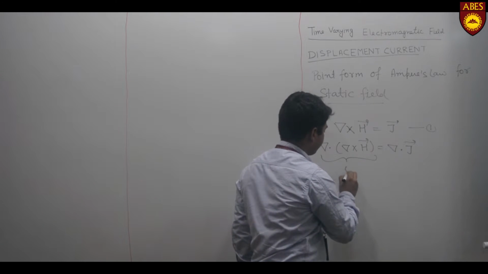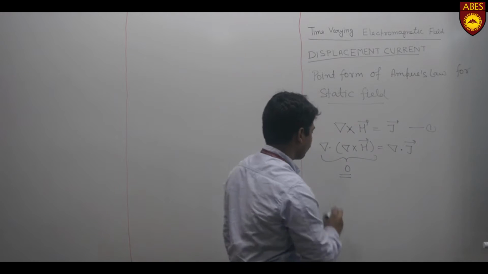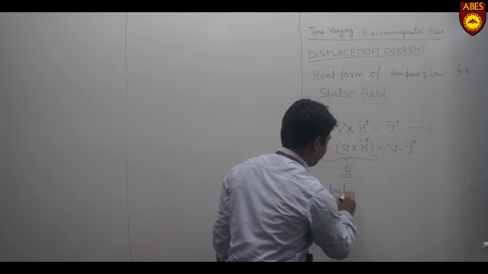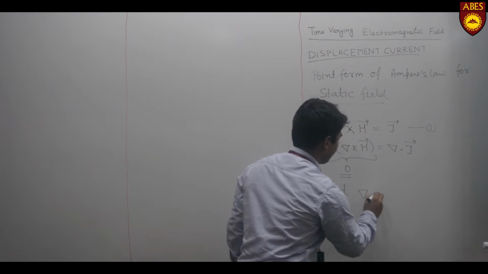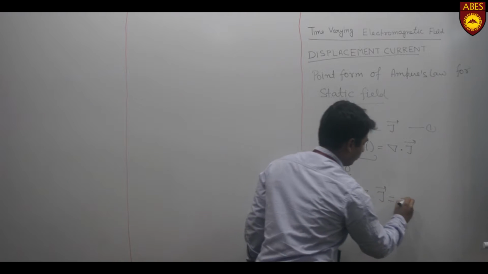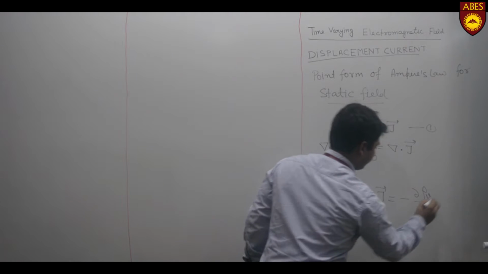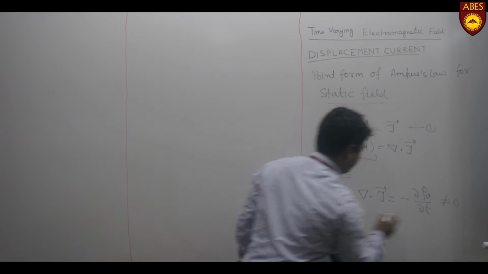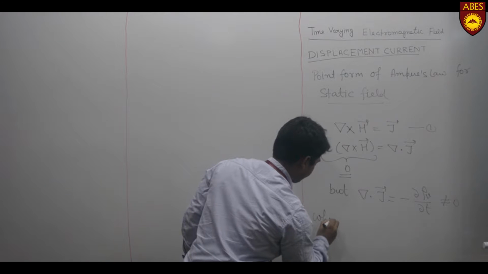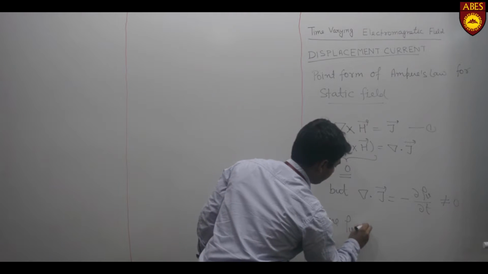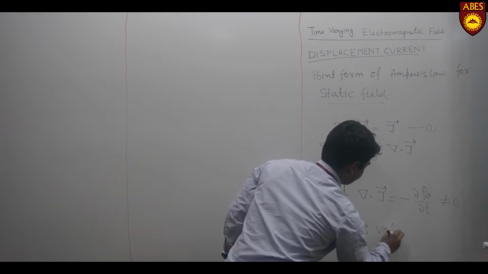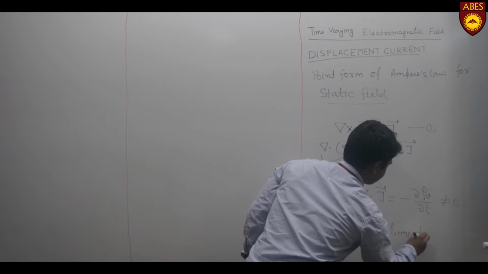It means this quantity must be 0. But at the same time, divergence of J is equal to minus del rho v over del t, which is not equal to 0, where rho v is the volume charge density.